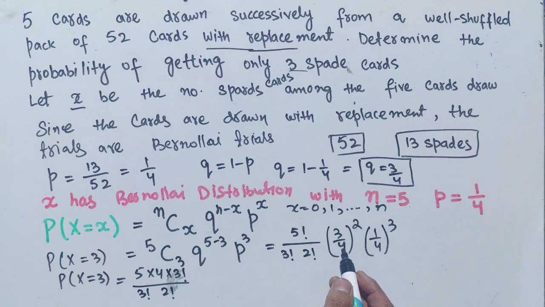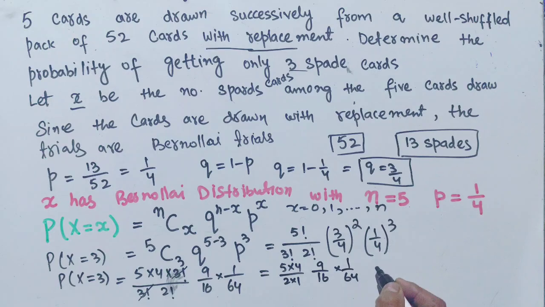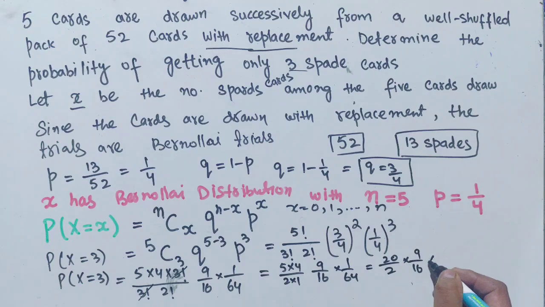3 3s are 9, 4 4s are 16, so 9/16 into 1/4, 4 4s are 16, 4 16s are 64, which is equal to, so 3 factorial gets cancelled, we get 5 into 4 divided by 2 factorial, which is 2 into 1, then we have 9/16 into 1/64, which is equal to 5 4s are 20 over 2 into 9/16 into 1/64.